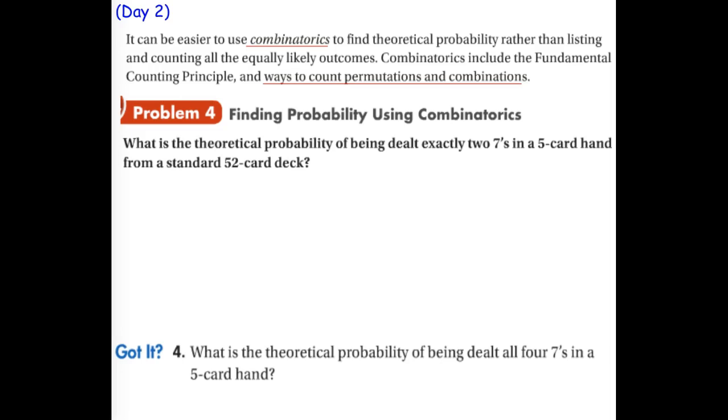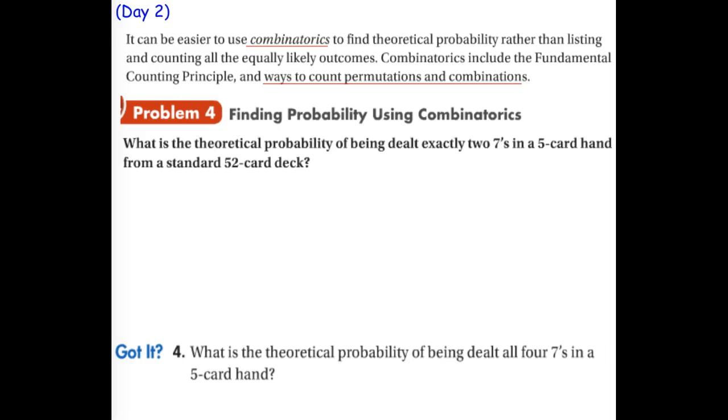Most of what we're going to be doing will be using combinations, because when I deal out cards, does it matter what order you're dealt the cards? Usually, depending on the card game you're playing, you rearrange them in your hand, right? So the order the cards are dealt doesn't really matter. So we're looking at more of a combination rather than a permutation.